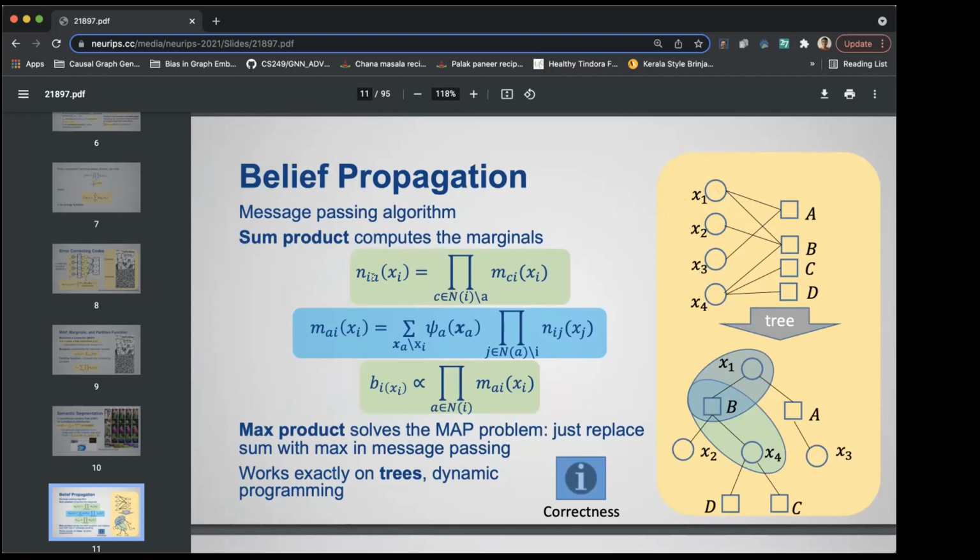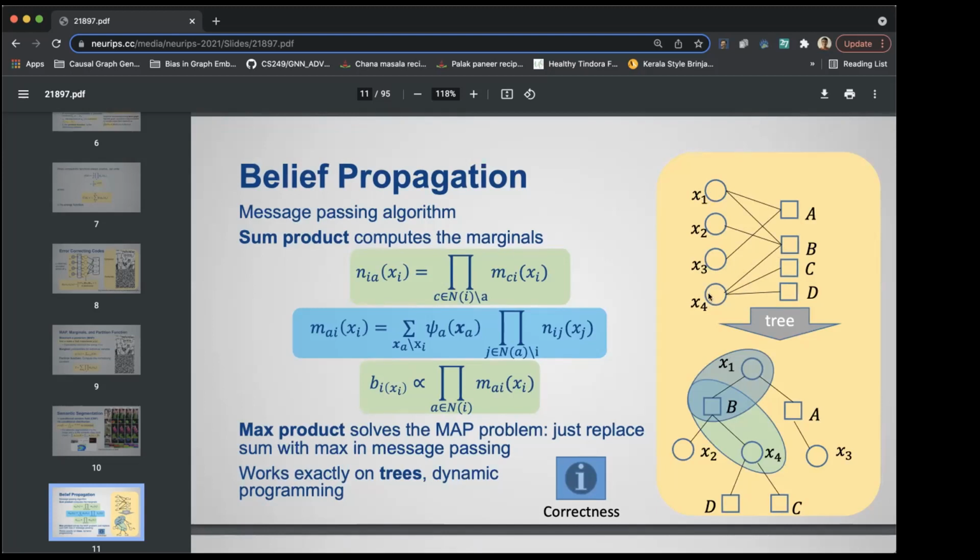So let's look at n sub ia. This is the message that variable i is going to send to factor a for a particular value of the random variable xi. Let's take the example of x4. For x4, we're going to look at all the values that x4 could take on, so all the values in its domain. Let's say that the first value we care about is 0. We'll compute a message for x4 being equal to 0, and the messages that it might send to each of these factors b, c, and d that it's connected to.